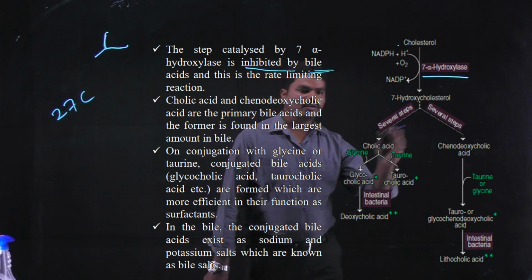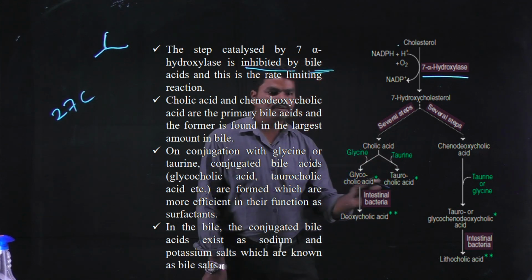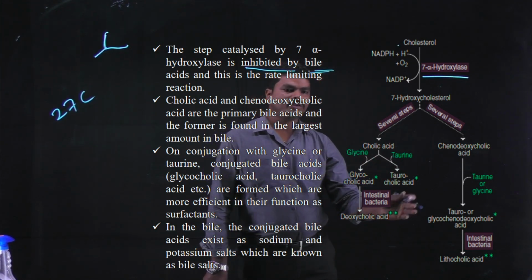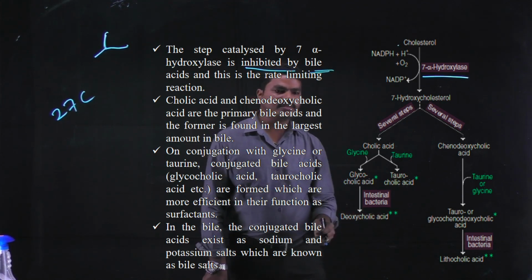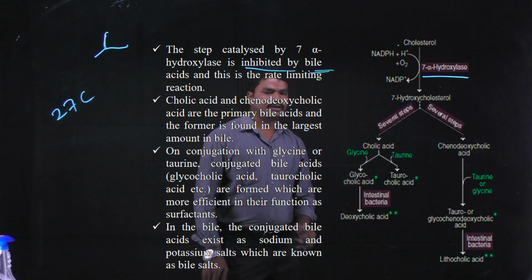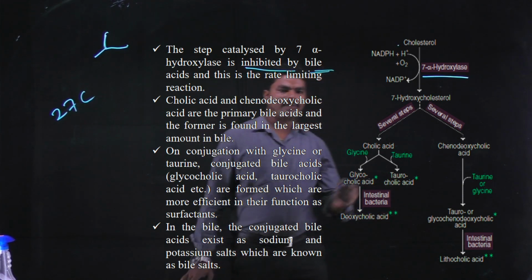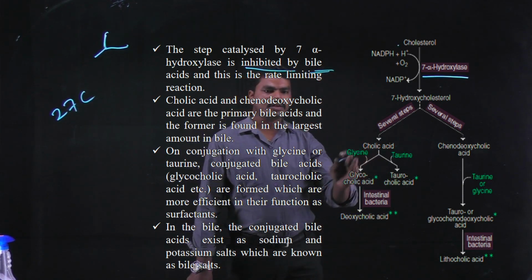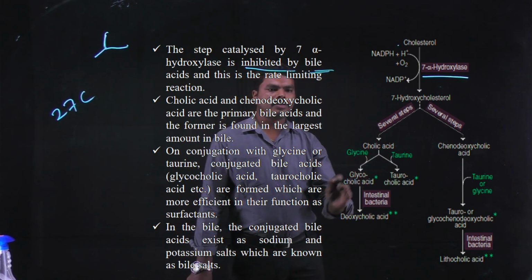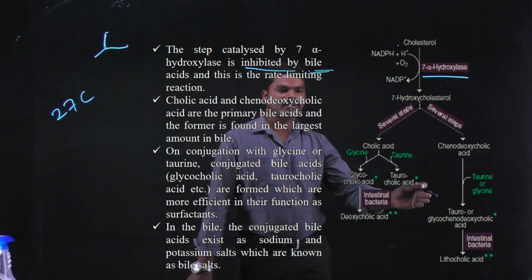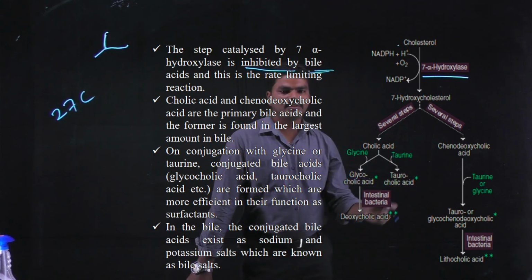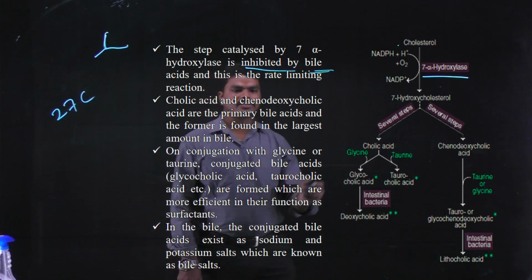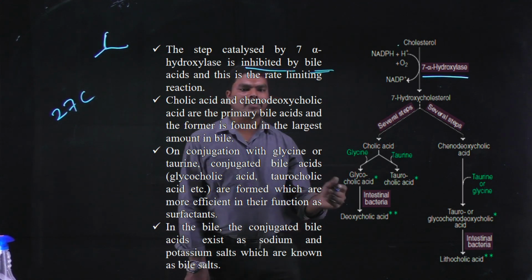In the case of chenodeoxycholic acid, it is able to form tauro-glycochenodeoxycholic acid. That is also a powerful surfactant. And in the bile, the conjugated bile acids, meaning glycocholic acid, taurocholic acid, or tauro-glycochenodeoxycholic acid, exist as sodium and potassium salts, which are known as the bile salts.